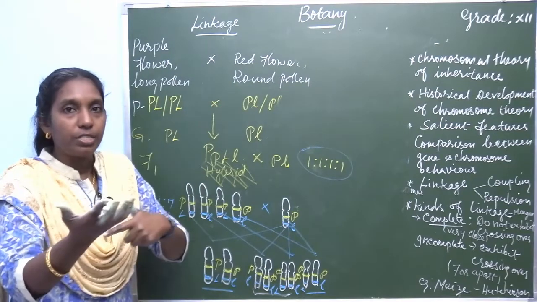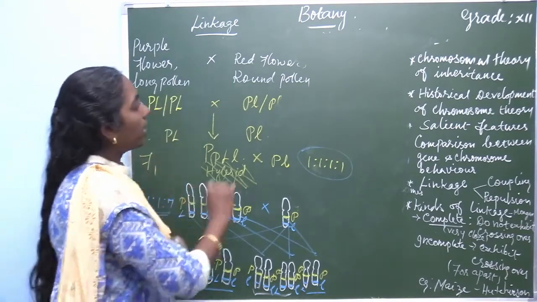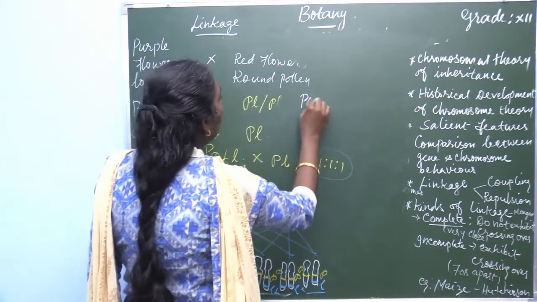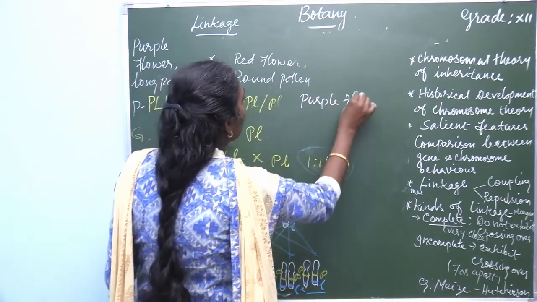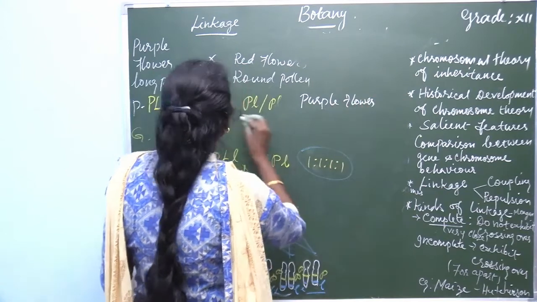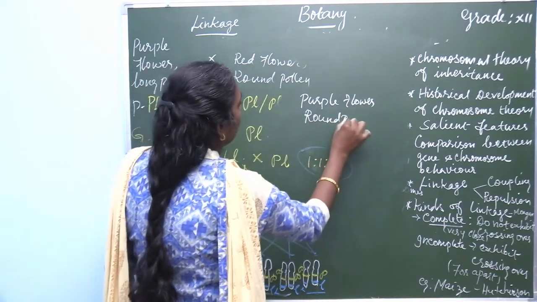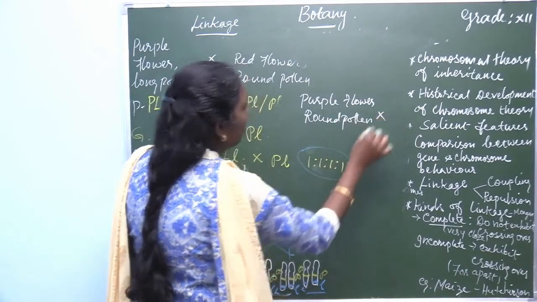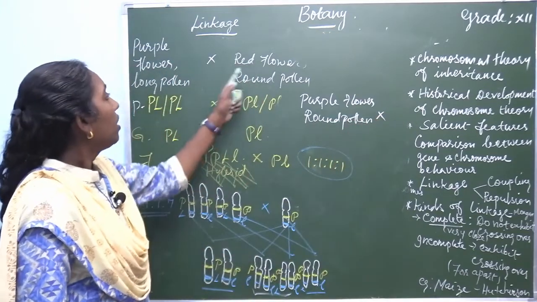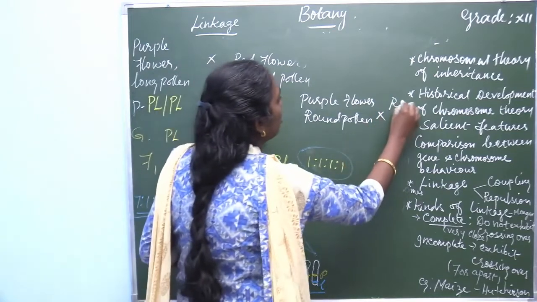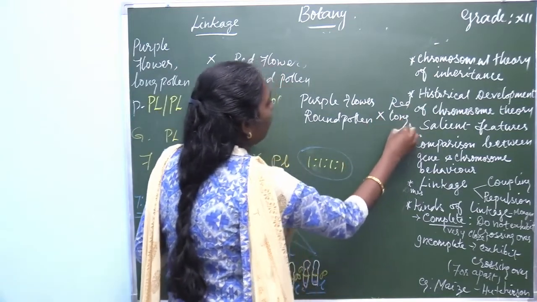When you take the example for repulsion, here the parent is purple flower with round pollen. In repulsion, you take the parental character as purple flower with round pollen, and make a cross with red flower with long pollen.